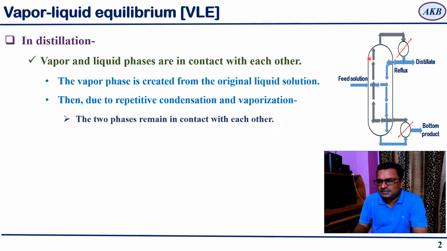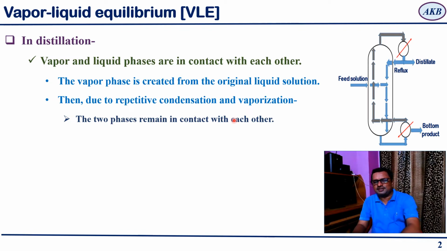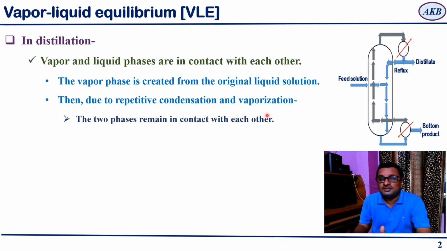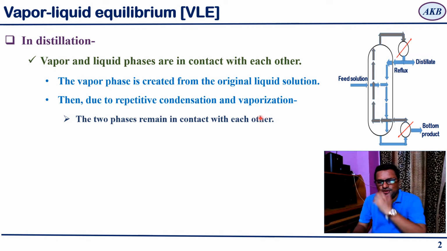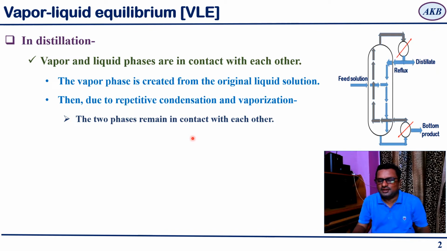So you can see within the column, liquid phase and vapor phase remain in contact with each other. This is happening due to repetitive condensation and vaporization, which is done to enhance separation, to increase the purity of the top product and bottom product. Due to this, liquid and vapor phases remain in contact with each other.